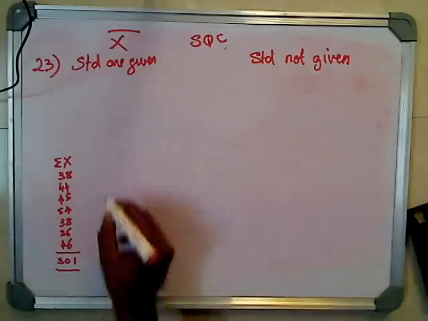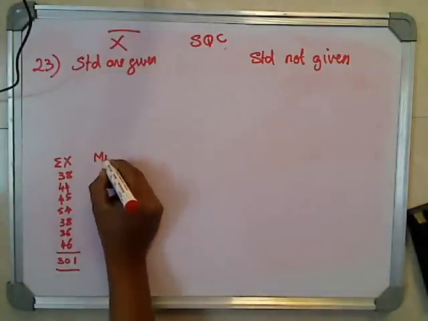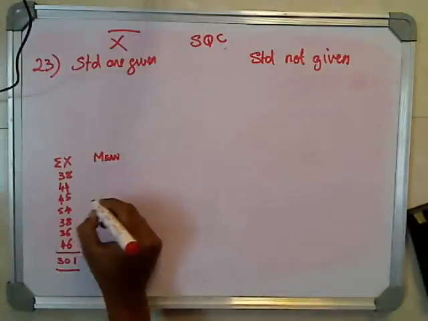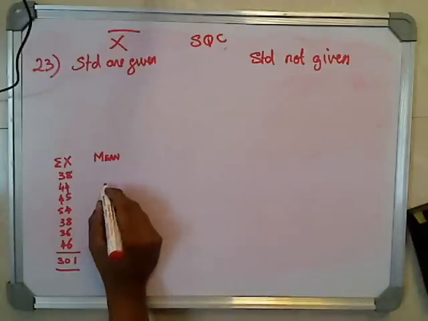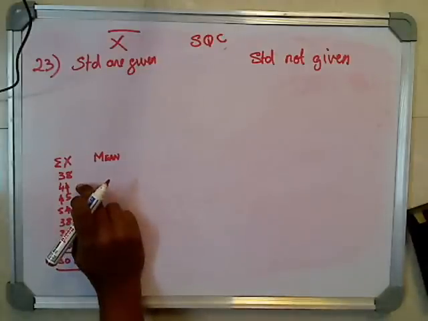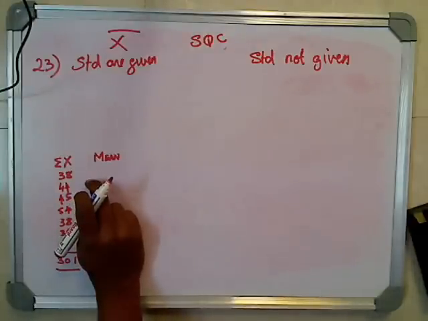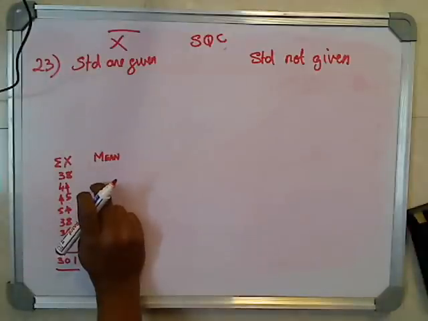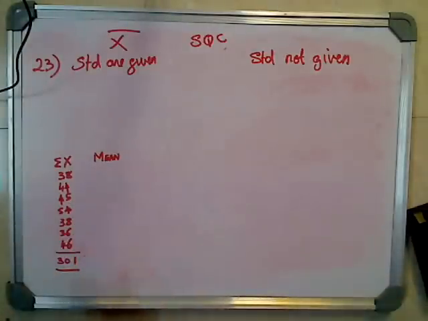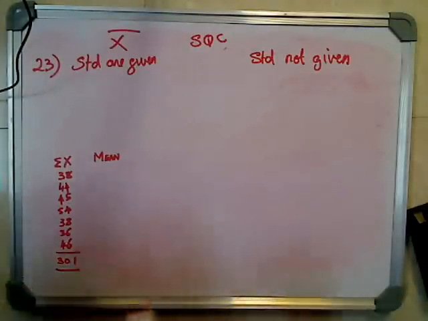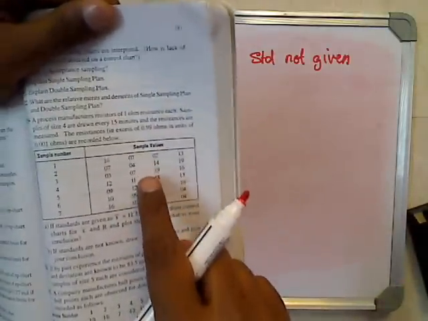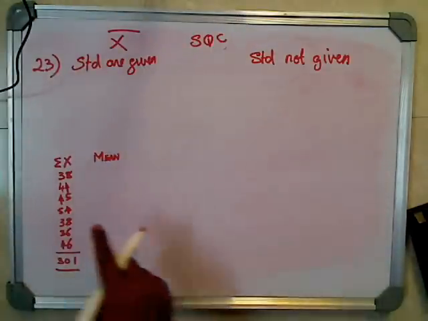The next thing I'm going to calculate is the mean. Mean here is 38. Remember, when you calculate the mean, you look at the values you're going to add. You've taken 4 values here. Once again, I'll run you through the table: you have 16 plus 7 plus 2 plus 13, which gave 38 here.